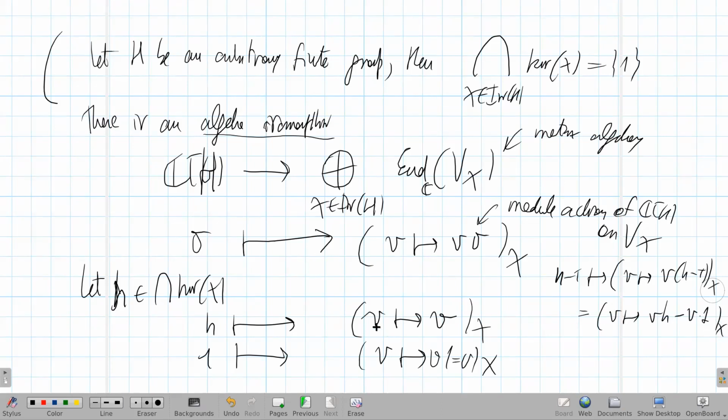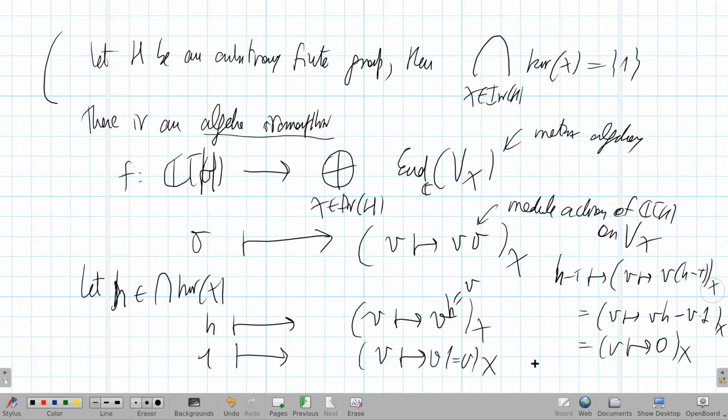But H acts trivially, and so does 1, so this is 0. So what have we obtained? We have obtained that H minus 1 is in the kernel of this isomorphism, which I'll call F. I ran out of space.